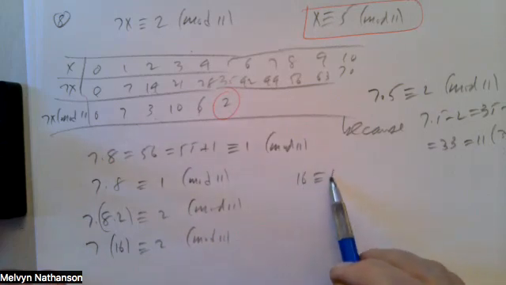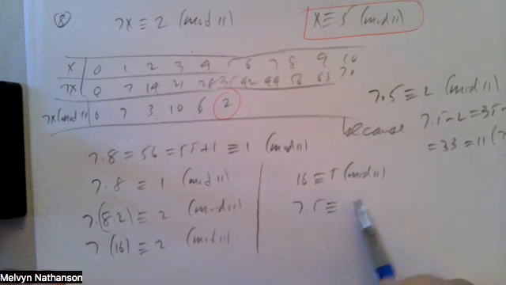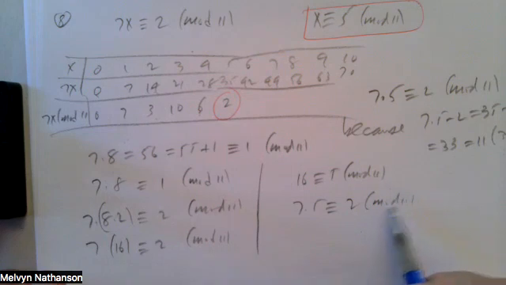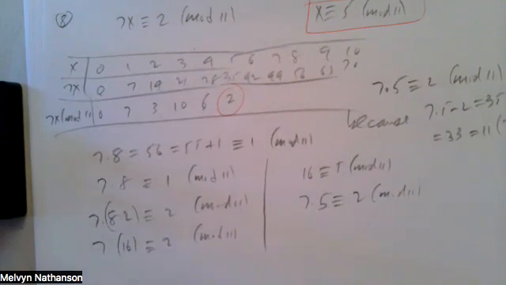And 16 is congruent to 5 mod 11. So 7 times 5 is also congruent to 2 mod 11. So this was a slightly different way to solve the congruence. Any questions so far?